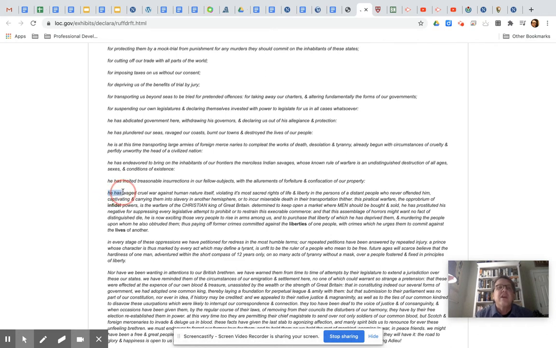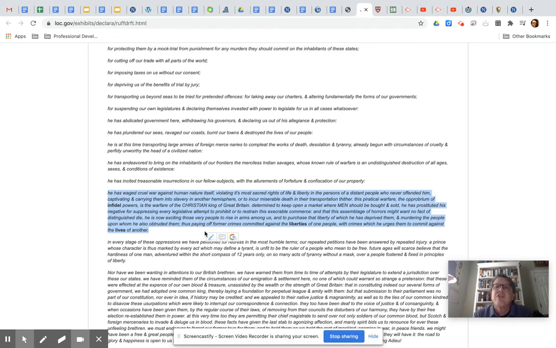Jefferson wrote, "He, the king, has waged cruel war against human nature itself, violating its most sacred rights of life and liberty in the persons of a distant people who never offended him, captivating and carrying them into slavery in another hemisphere, or to incur miserable death in their transportation thither.